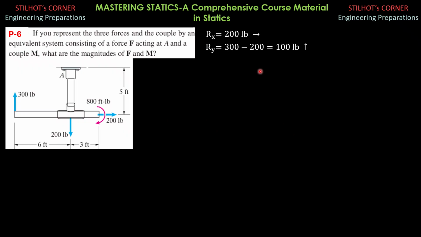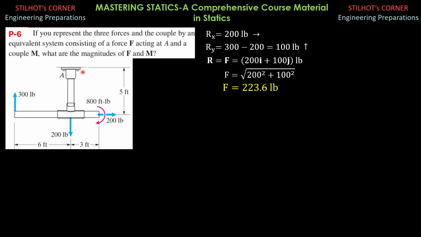So therefore, in vector form, R is quantity 200I plus 100J pound. And the magnitude, which is R or equal to F, is square root of 200 square plus 100 square. So the magnitude of F or R is 223.6 pounds.